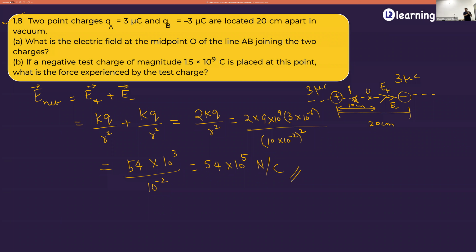So if you read the next part of the question, see. If a negative test charge of magnitude 1.5 into 10 power minus 9 coulomb is placed at this point, what is the force experienced by the test charge?